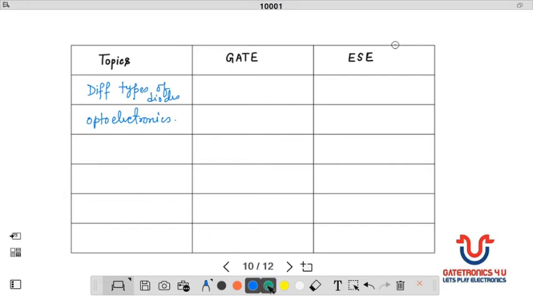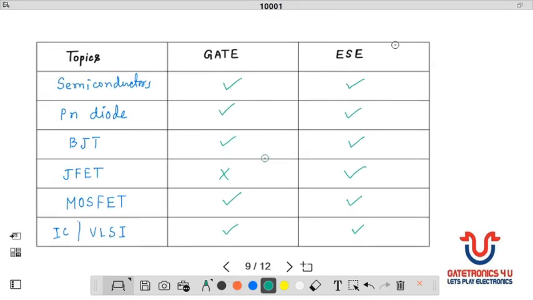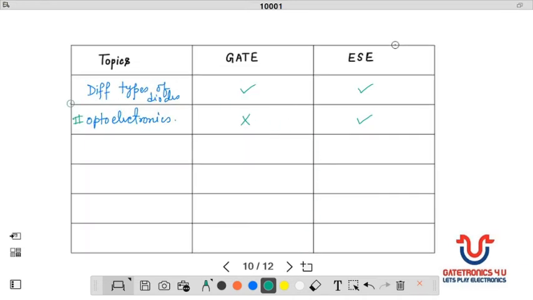So if we remember the syllabus, then we can say that in the GATE examination different types of diodes are present, as well as in the IES examination. But the optoelectronics syllabus is not present in the GATE, but it is present in the ESE examination. So we can say that this is the comparison of the GATE and ESE syllabus for different topics of the EDC.